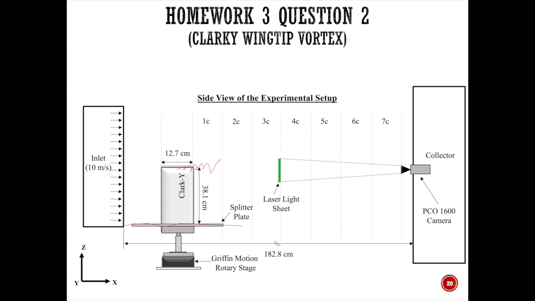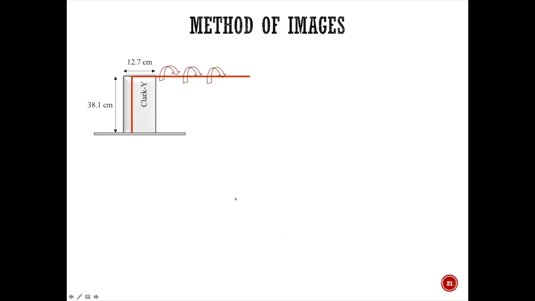Okay, and you can actually see that in here. So there is a concept called method of mirror images, and what that allows you to do is, using simple math, we can claim symmetry, which means that whatever field that you observe in here or before the splitter plate is the exact same field that you observe on the other side.